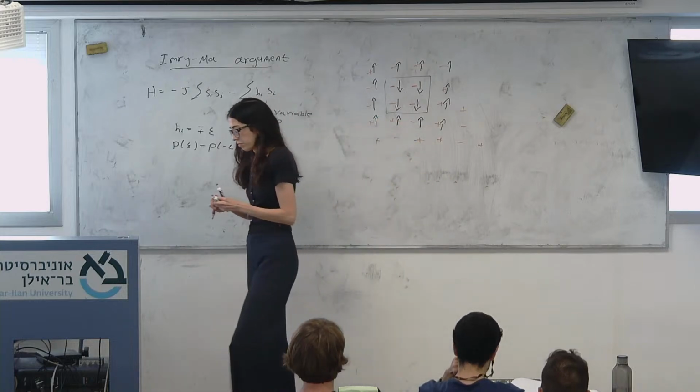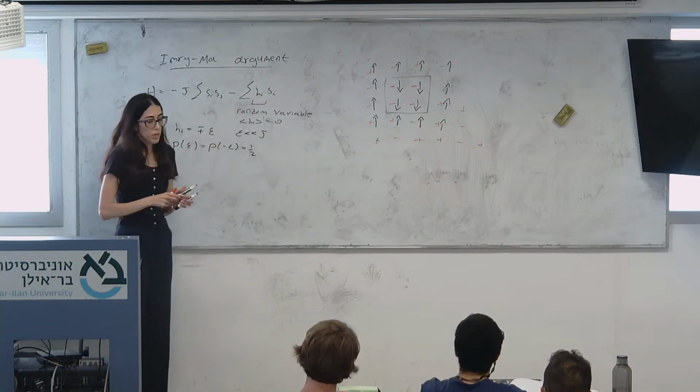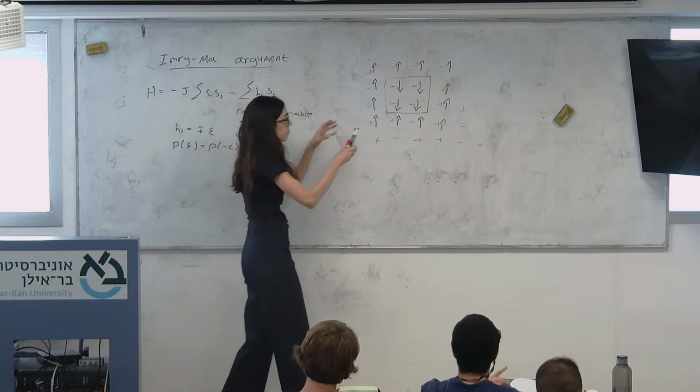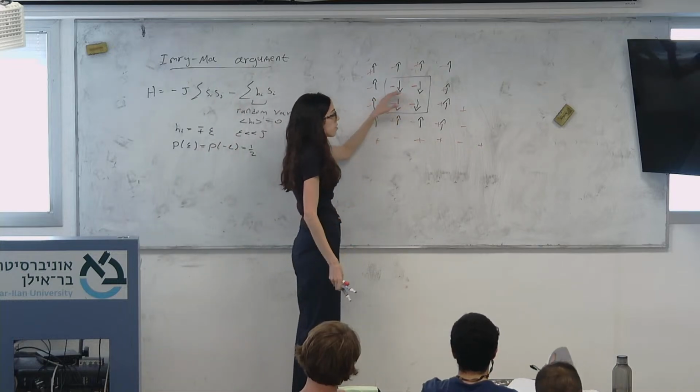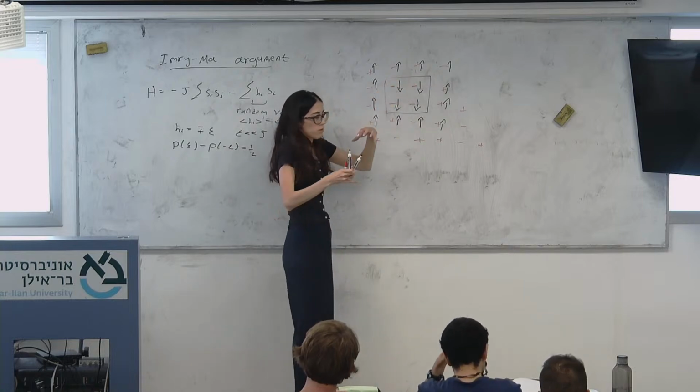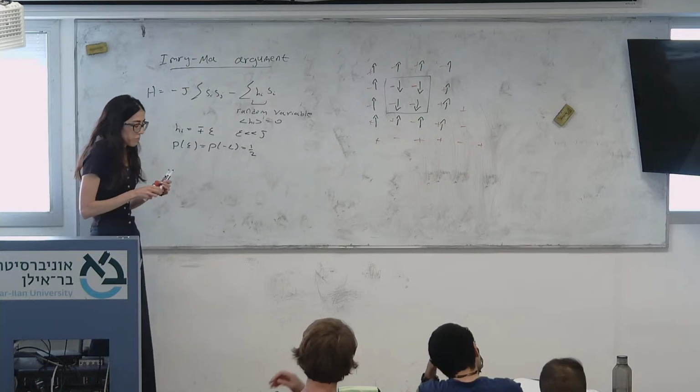So basically, you have a random field system and you have some cluster in the middle that happens to have a group of spins that all feel the same magnetic field. So in a random system that can happen.